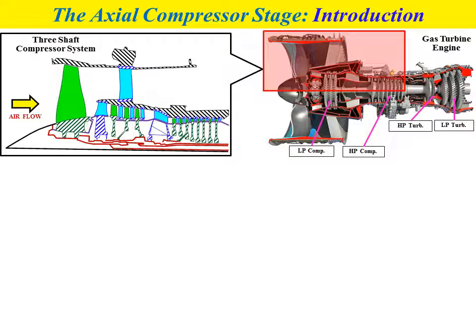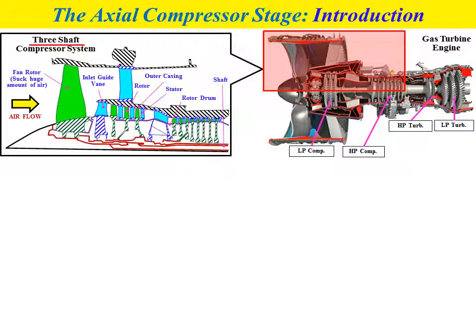In terms of the main components of the compressor, we have the fan rotor that is used to suck a huge amount of air into the compressor. We have the inlet guide vane. We have the rotor represented by the green color blade. We have the stator represented by the blue color blade. And we have the outer casing of the compressor, rotor drum, and also shaft.